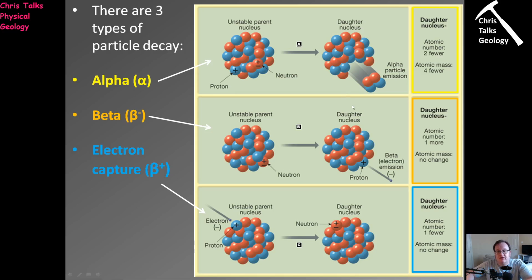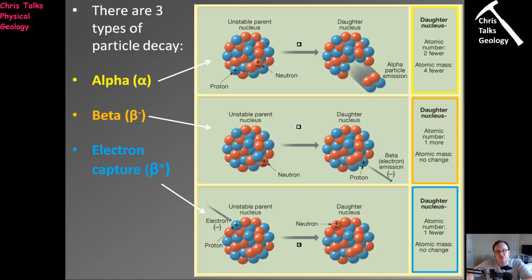Okay. Now the next type of decay is beta decay. So in the case of beta decay, we're going to take a neutron, a neutral particle, and we're going to turn it into a proton, a positively charged particle. Okay, so a neutron by its very nature is neutral, therefore it has a positive and negative charge which balance each other out.